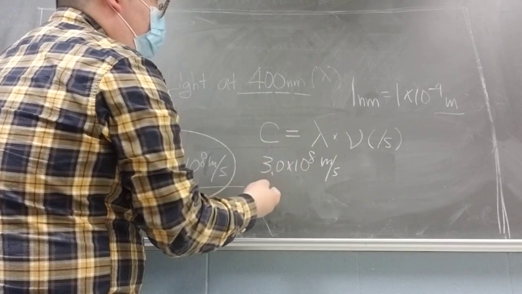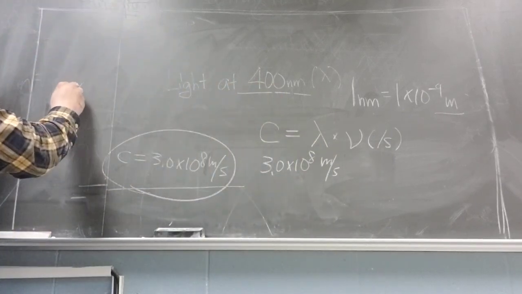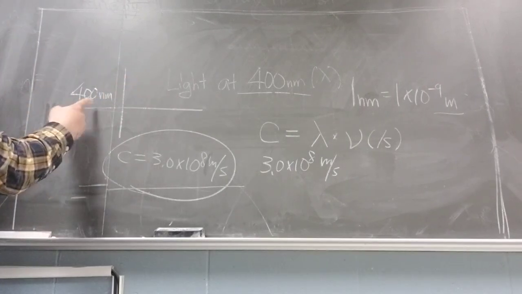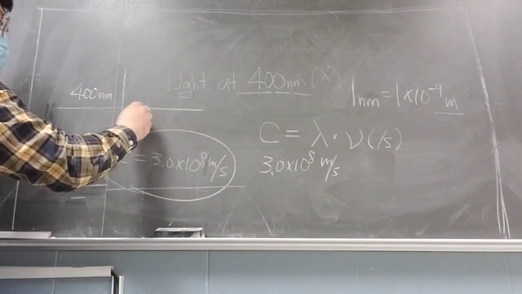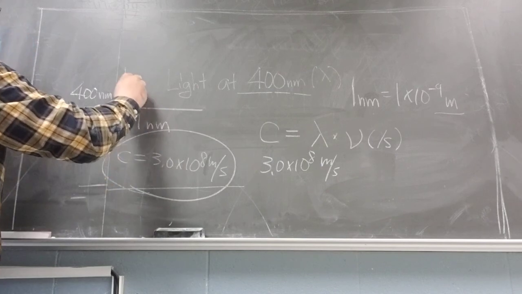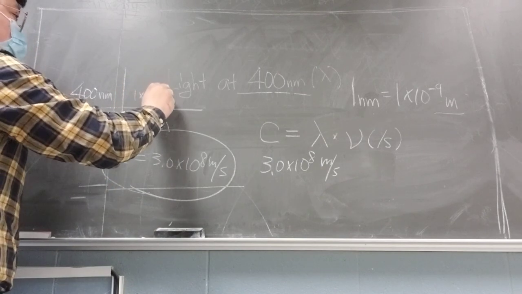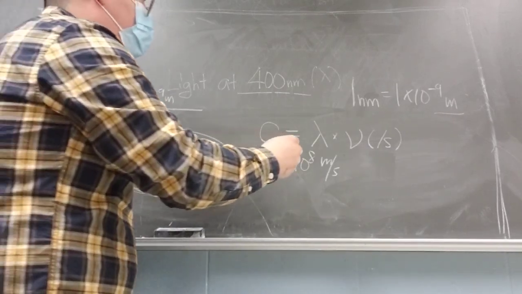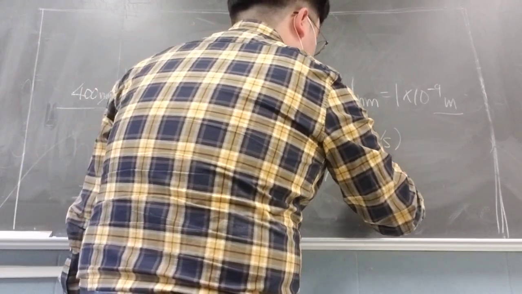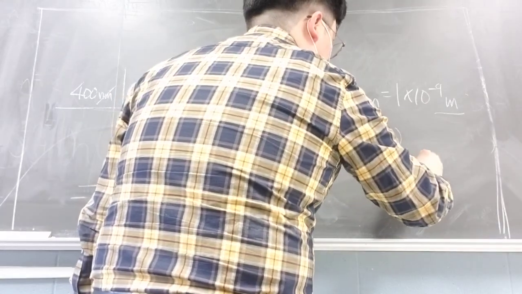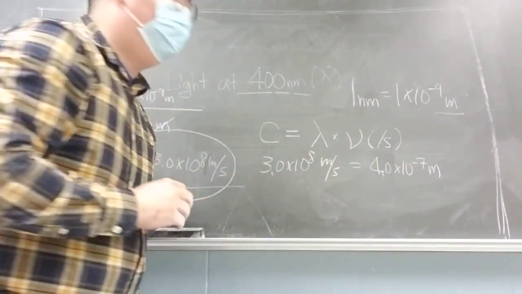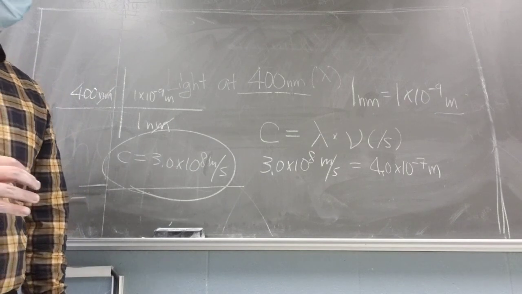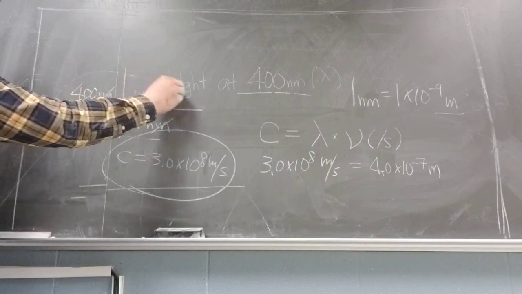And for the wavelength, if you do the unit conversion, 400 nanometer, with 1 nanometer equal to 10 to the negative 9 meter, the nanometer will be canceled. You'll find 4.0 times 10 to the negative 7 meter. So 400 nanometer is equal to 4 times 10 to the negative 7 meter when you do the unit conversion.